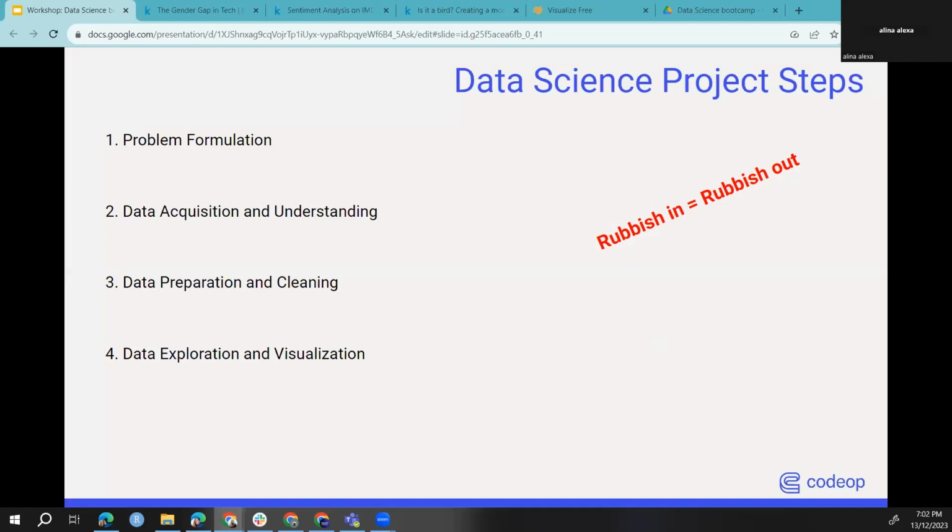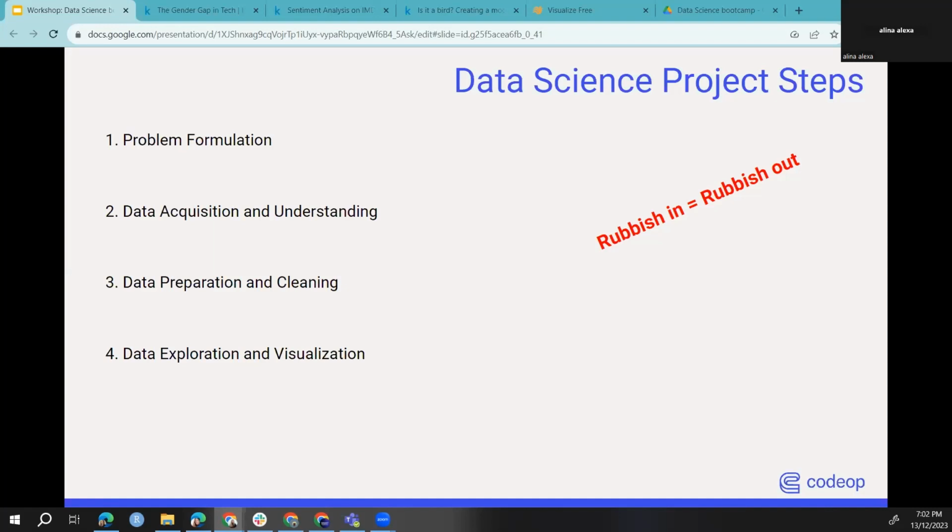Or even worse, we might get results that are not real, which will make us make a wrong decision because we thought this was what's happening, and it was actually not. So it's very important that the data we have is representative of what we are looking at, that it's collected in a consistent way, and that it's cleaned in a proper way as well.